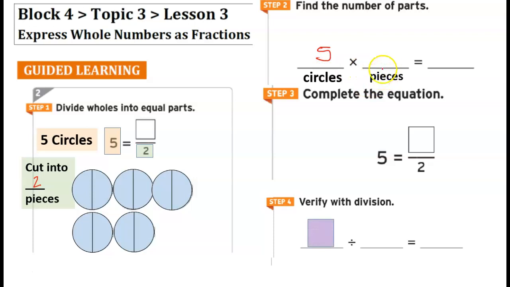And how many pieces are we going to cut them into? 2. So 5 times 2 would be 10. So let's say we have 10 here. Let's verify to see if this is correct. That's 10 divided by 2. Is 10 divided by 2 5? Why, yes it is. So that is verified.